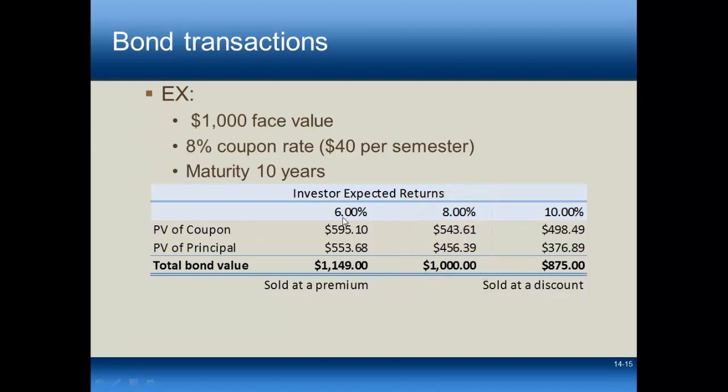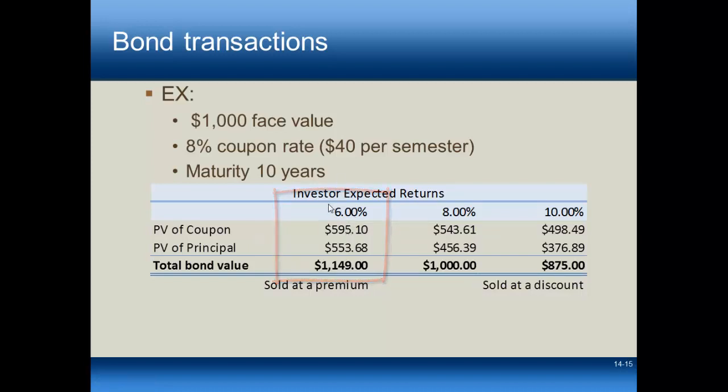What if the market has changed and your investor is looking for less return? In other words, 8% was the market rate when this was originally sold, but right now rates have fallen. For the same company, your investor would be willing to get only 6%. 6% would be a very happy investor.